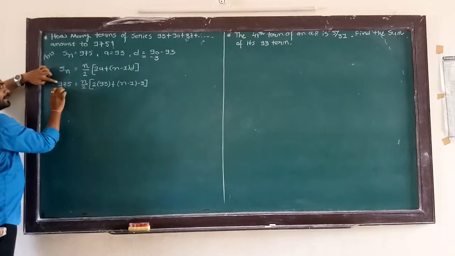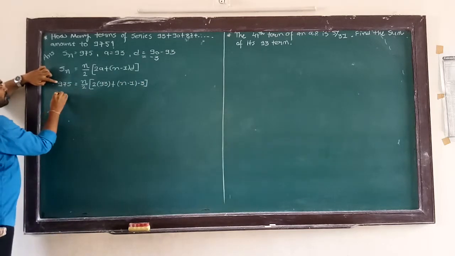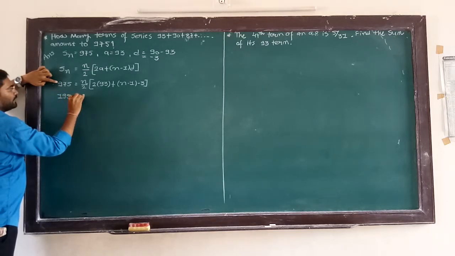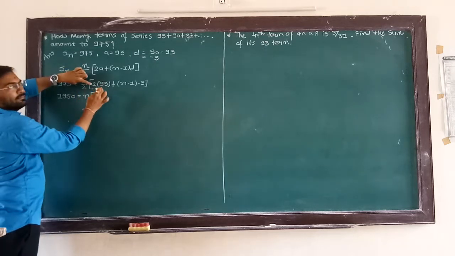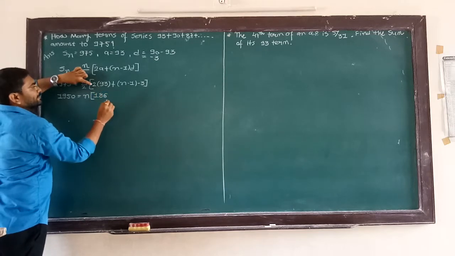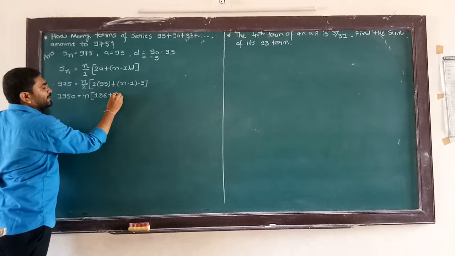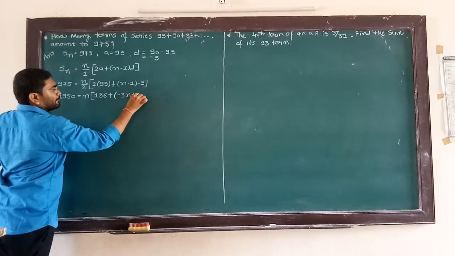Now 2 multiplied here, 975 into 2 is 1950. Now 2 multiplied by 93 is 186, plus here minus 3 multiplied by n is minus 3n, and minus minus is plus 3.